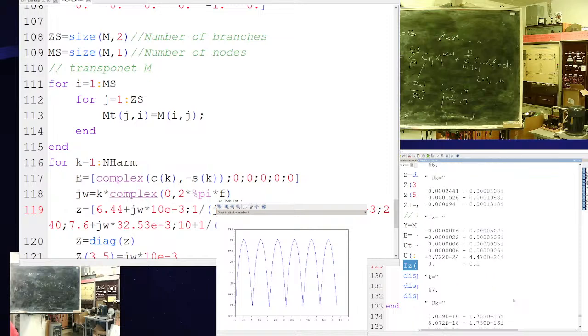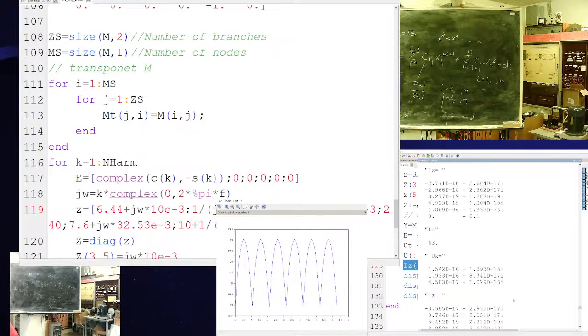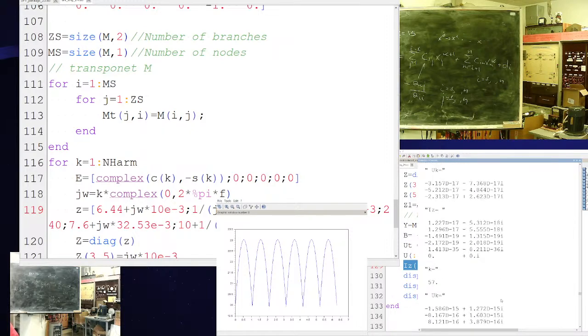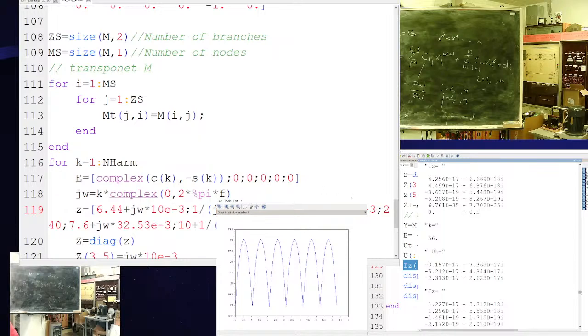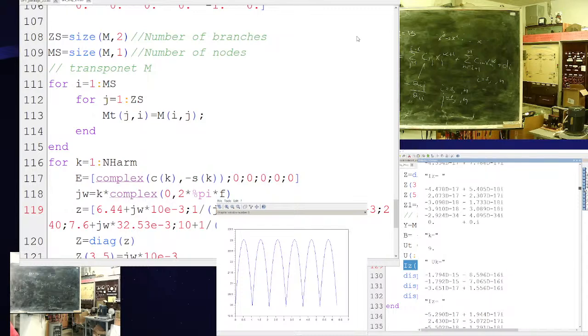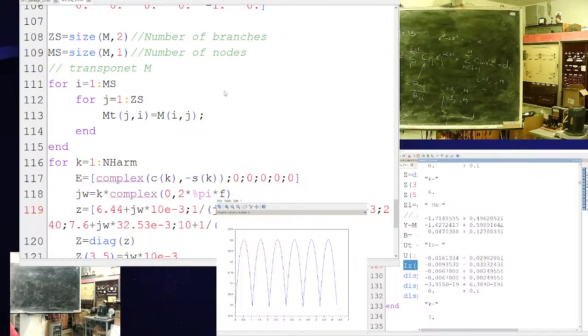Here I have voltages, nodal voltages for all 70 harmonics. I have a full bridge, so I can predict number 7 should be 0. Number 6, yeah, here they are.